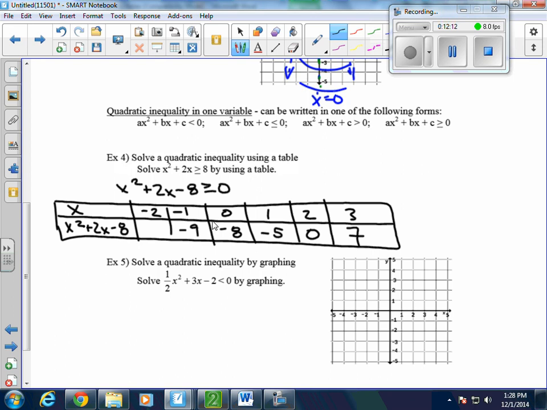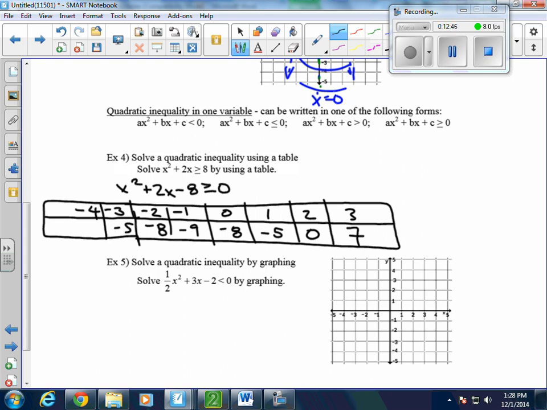If we put in negative 2, we're going to end up with negative 8. So I need to keep going to the left further. So I need to go negative 3. If we put in negative 3, we're going to get 9 minus 6, which is 3, minus 8, which gives us negative 5.